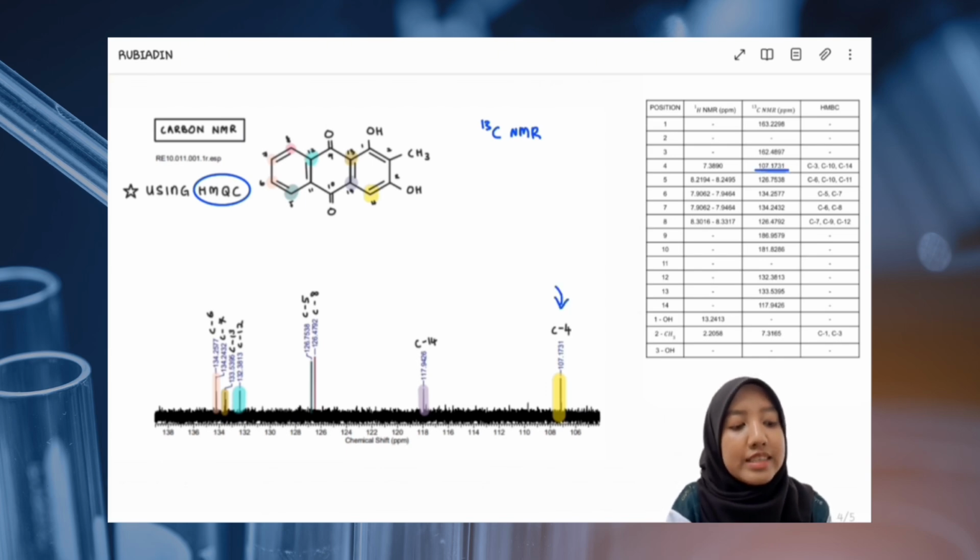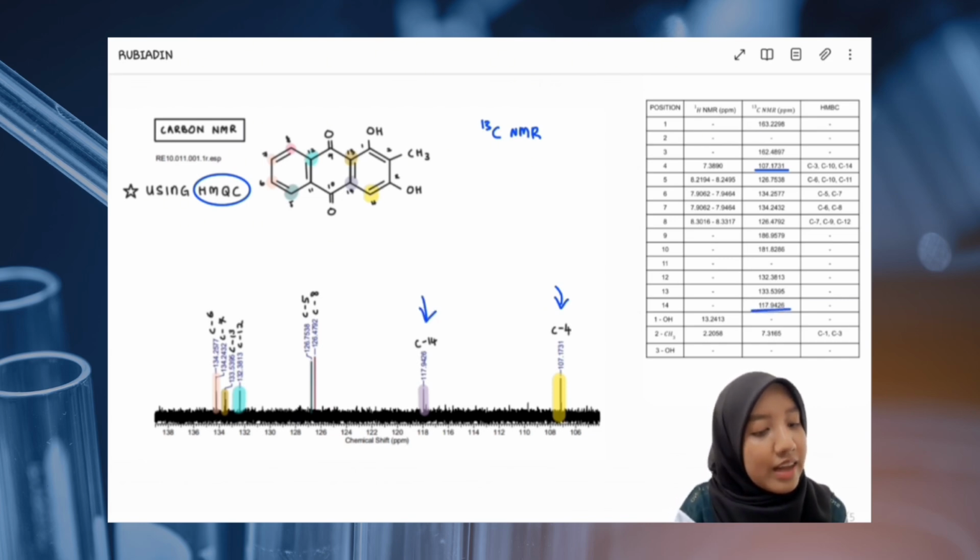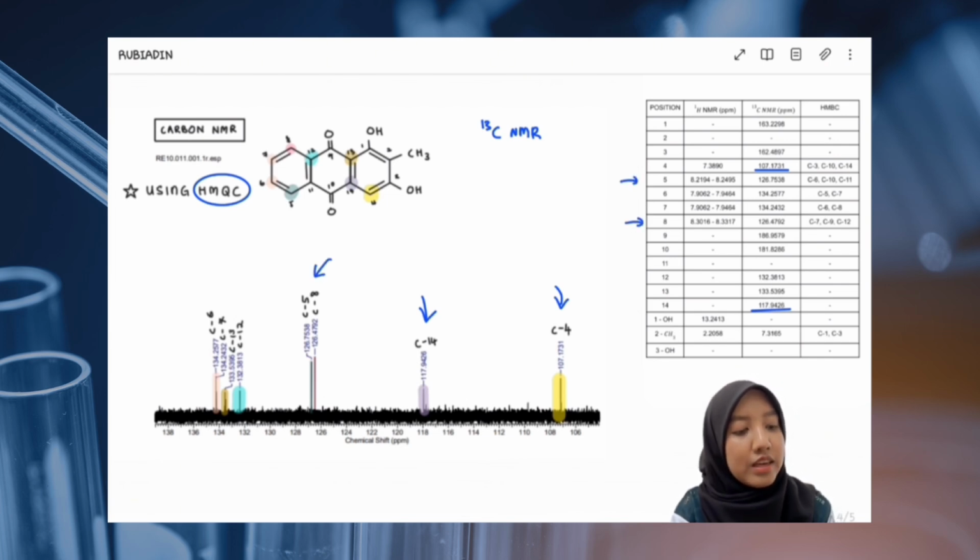Here we recognize that C4 is at peak 107.1731 and then C14 at 117.9426, and then C9 and C8 are very similar, which is 126.7538 and C8 at 126.4792, and then we get C12 at 132.3813 ppm, C13 at 133.5395.